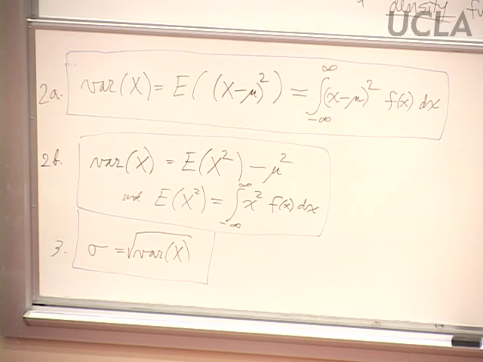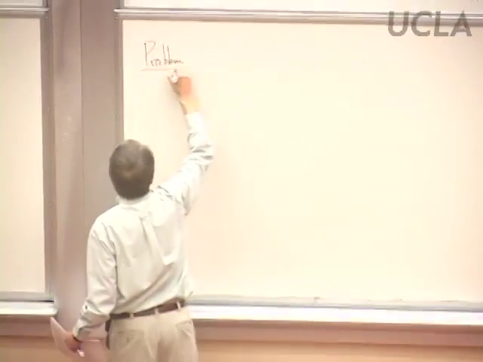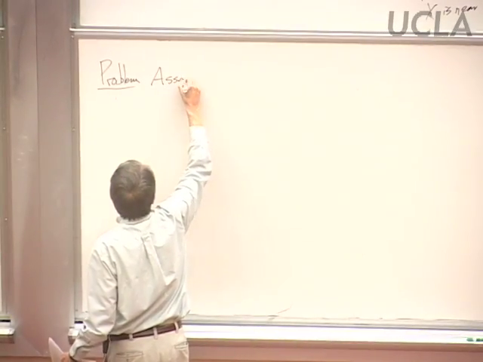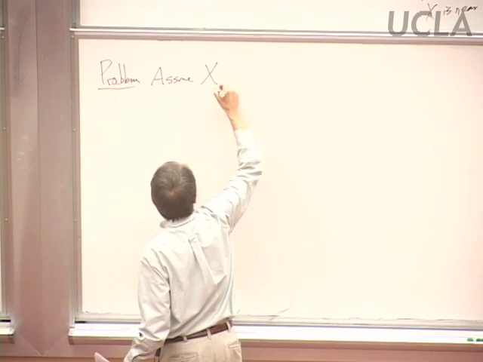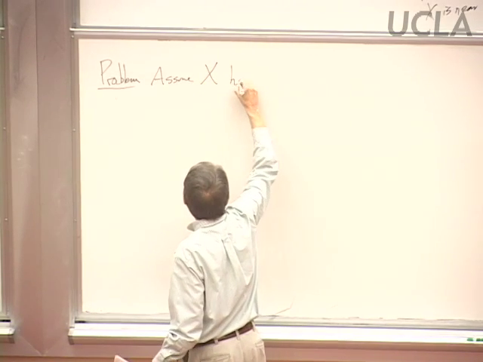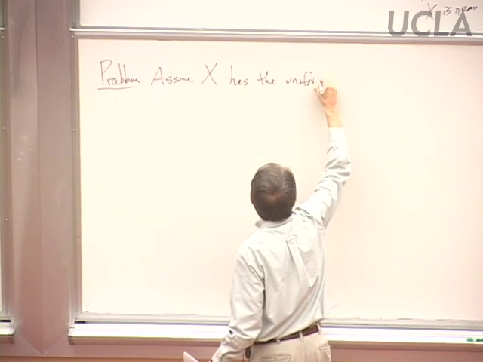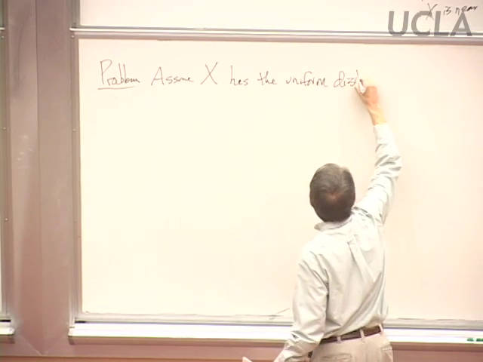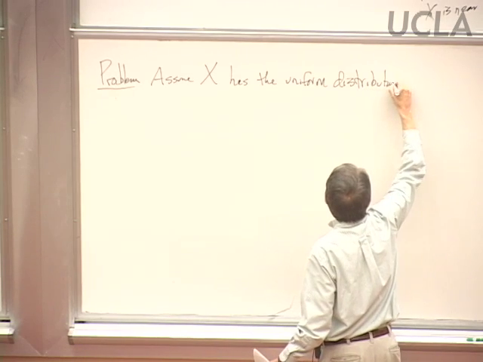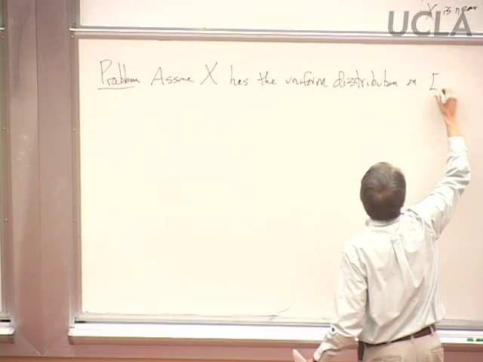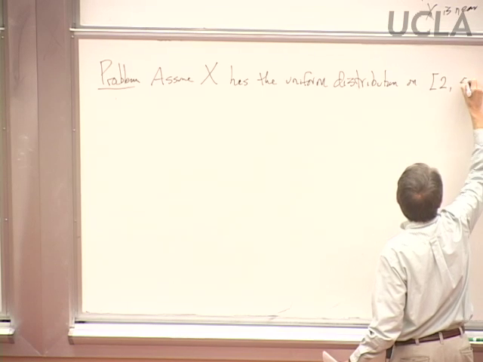Well, let's work a problem. For the uniform distribution, say we assume that the random variable x has the uniform distribution on the interval from 2 to 4.